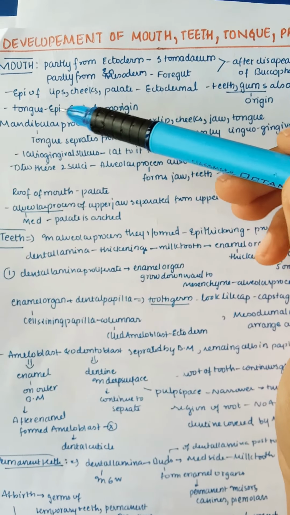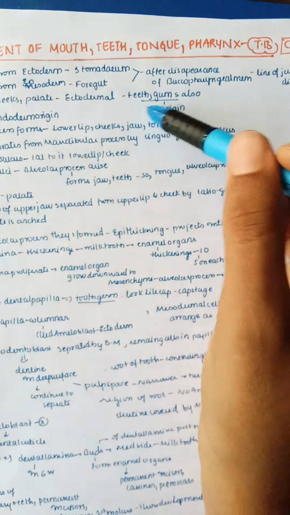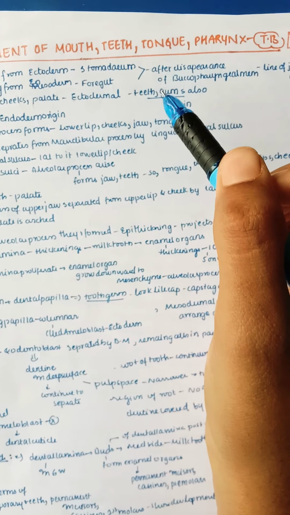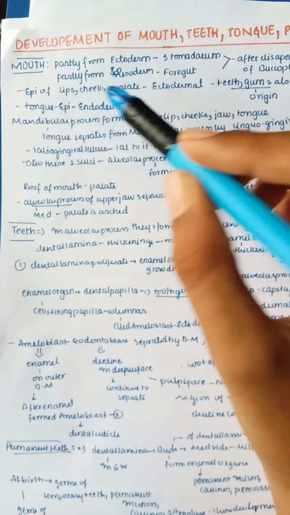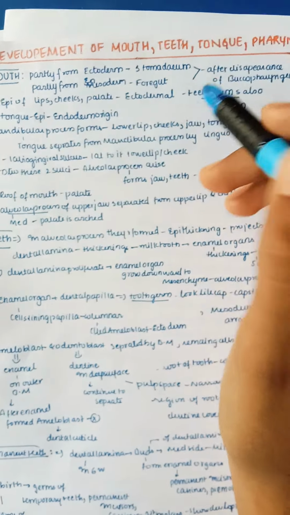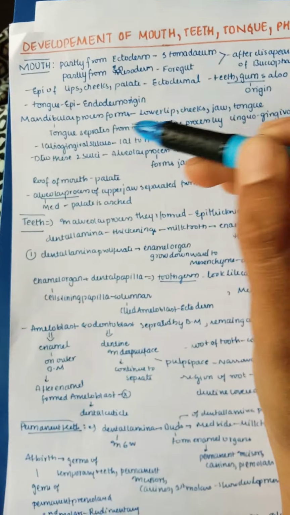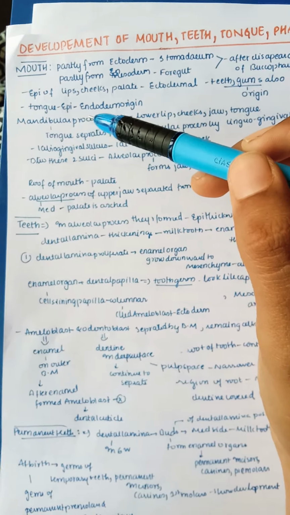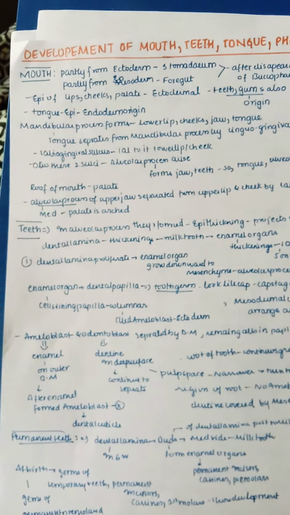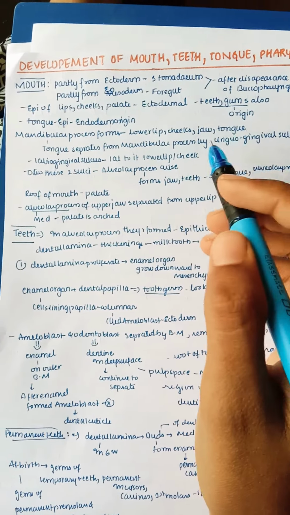The epithelium of the lips, cheeks and palate is mainly ectodermal, and the lining of the teeth and gums is also ectodermal in origin, while the tongue epithelium is endodermal in origin. The mandibular process forms the lower lip, cheeks, jaw and tongue.